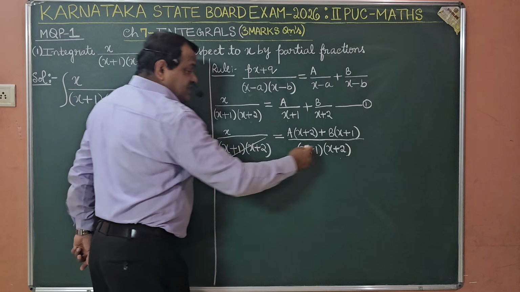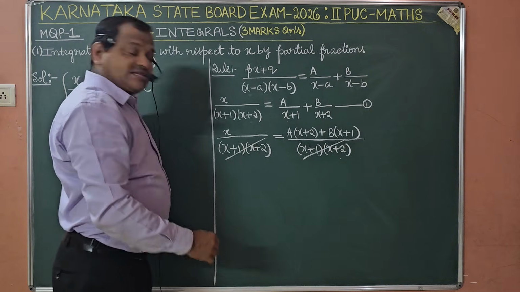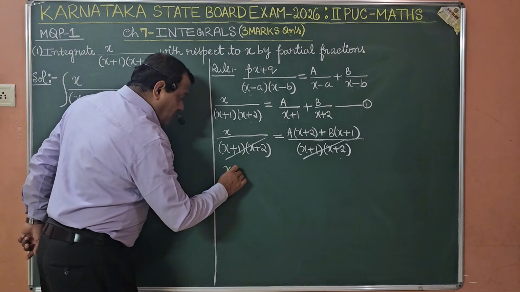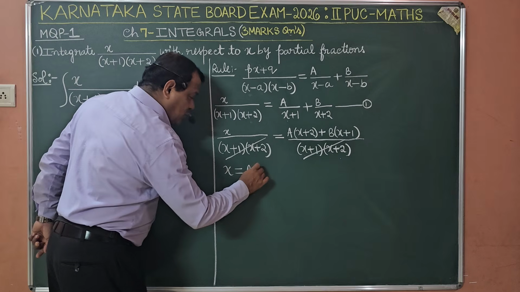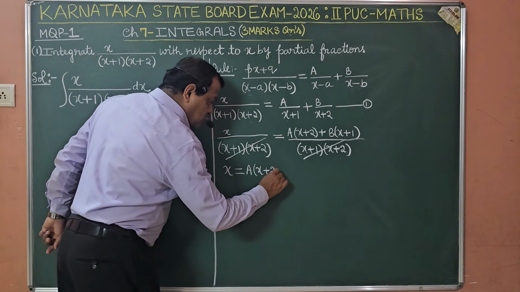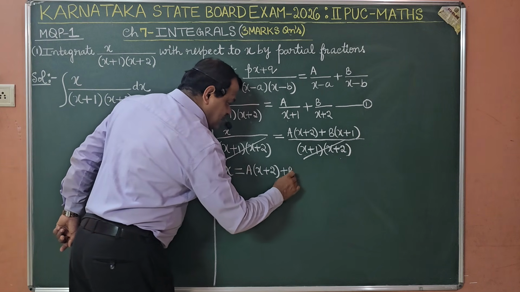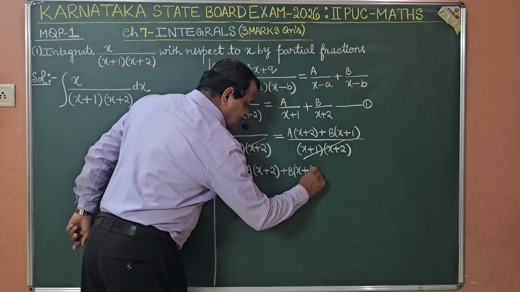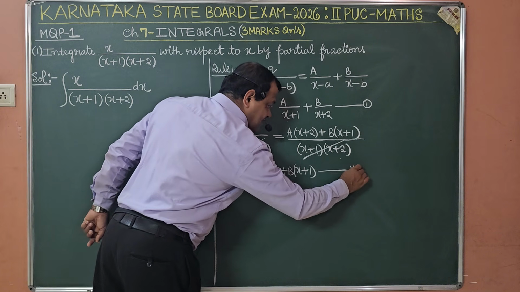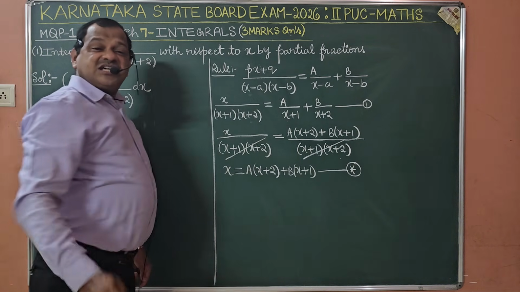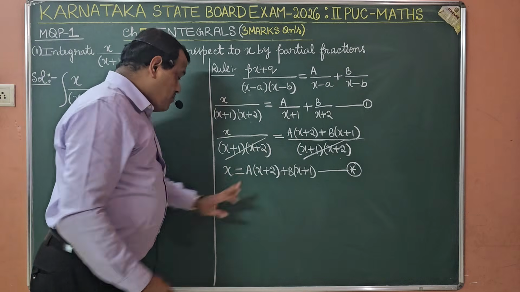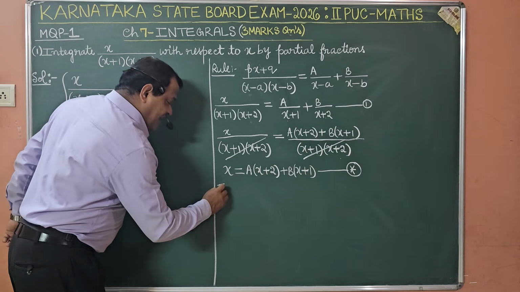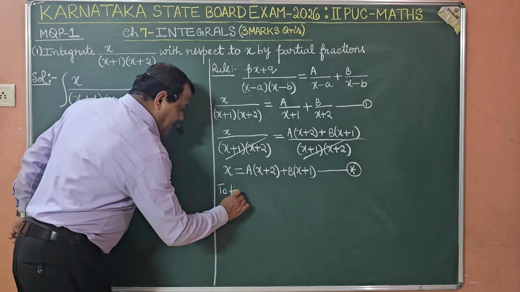The denominator gets cancelled on both sides, and I get one important equation: x equal to A into x plus 2 plus B into x plus 1. I have a practice of writing this as equation star.